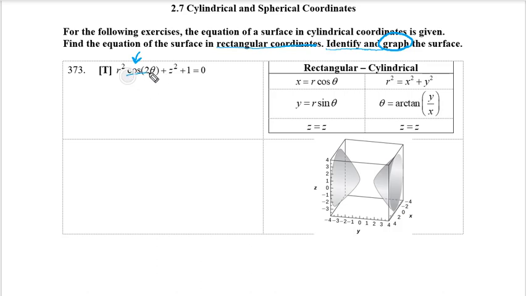We're going to start with this cosine of 2 theta. If we use the identity for cosine of 2 theta, it's the same as the cosine squared of theta minus the sine squared of theta.